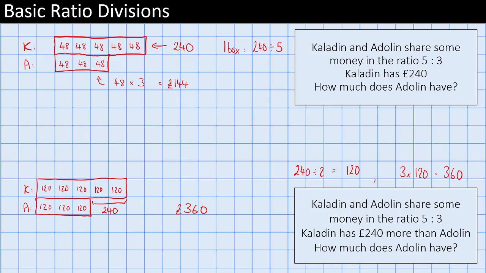We took a look at dividing in ratios, where we looked at where the amount that we've been given goes in terms of the problem. Is it everything? Is it one person? Is it a difference between 2 parts? And then making sure we knew what one part was worth, so we knew how much goes in each of these boxes. And then thinking about it in a more abstract way.